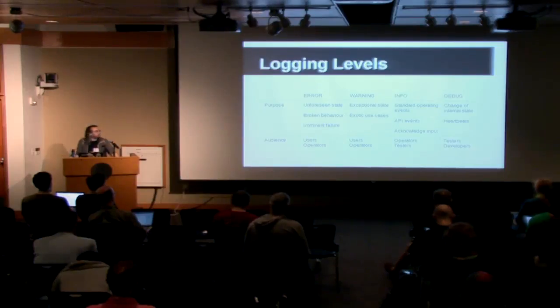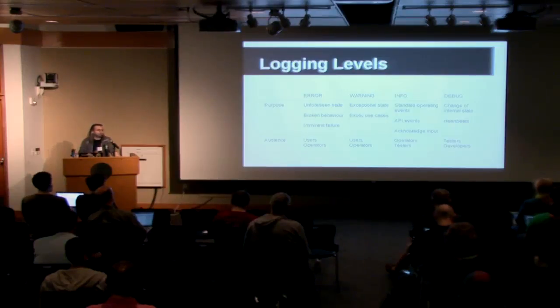At the info level, we're finally getting to things that are a little bit more interesting. The testers of the software are really going to be interested in this info level. We're going to have some standard operating events. We're going to have things along the lines of responses to API events. We're going to have responses to input that comes from the user. And we're going to say, okay, we're acknowledging that we're in this state.